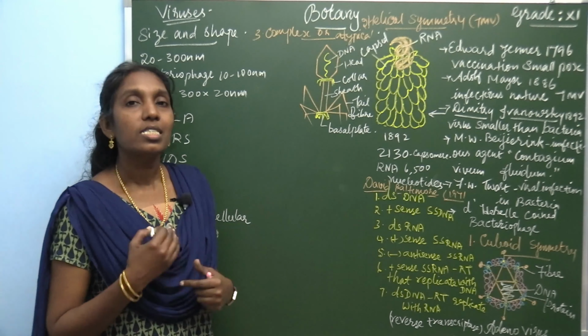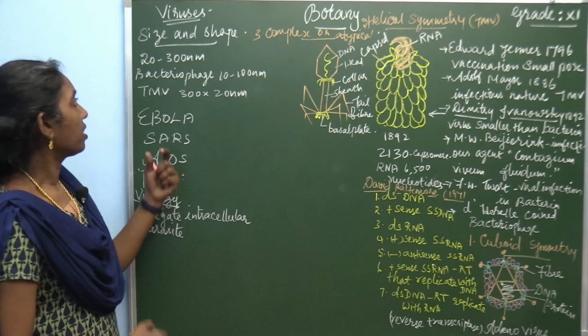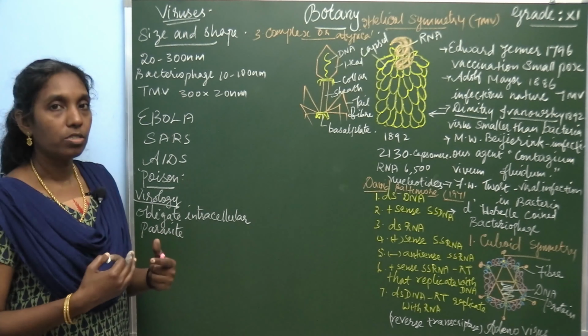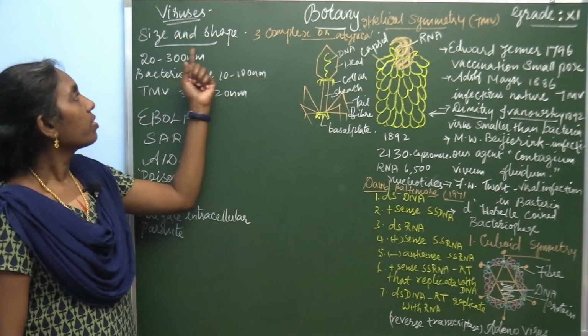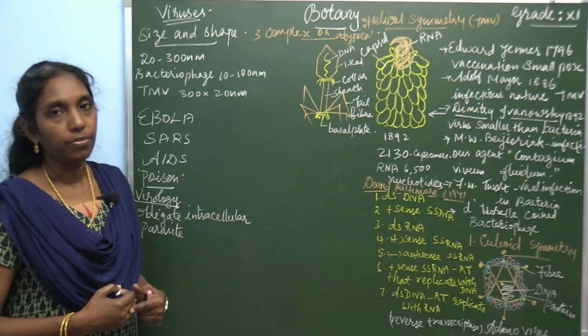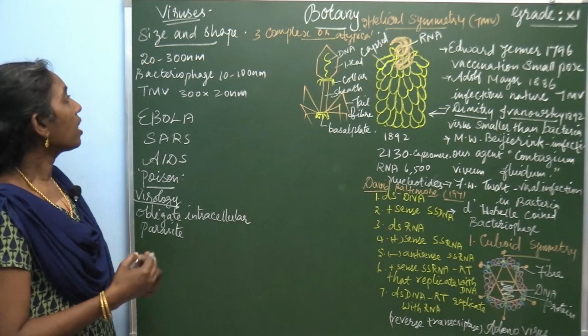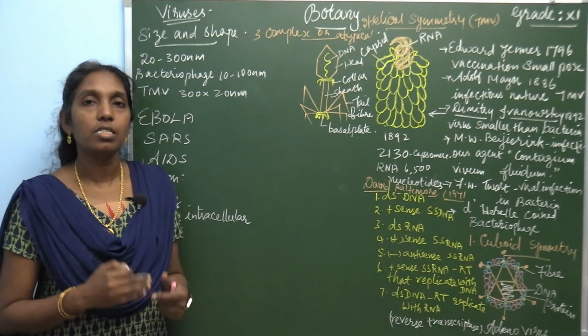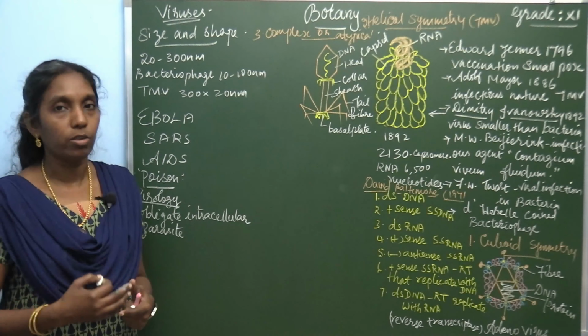Now, the size and shape of the viruses. The first topic you are going to learn today is the size and shape of the viruses. The size of the virus is ultra microscopic.